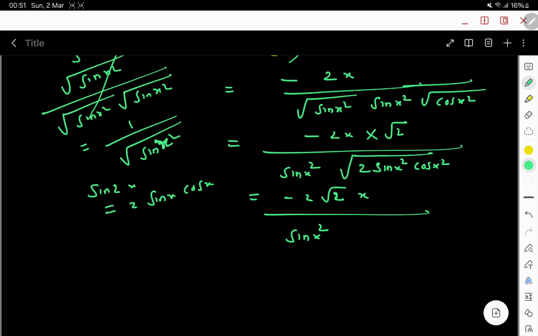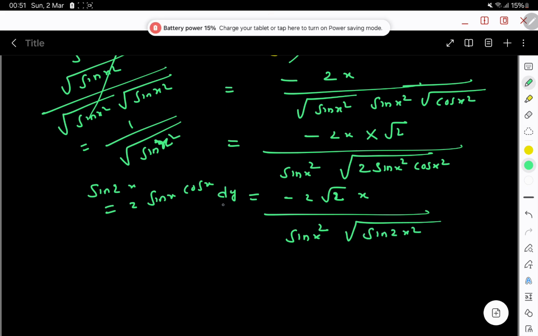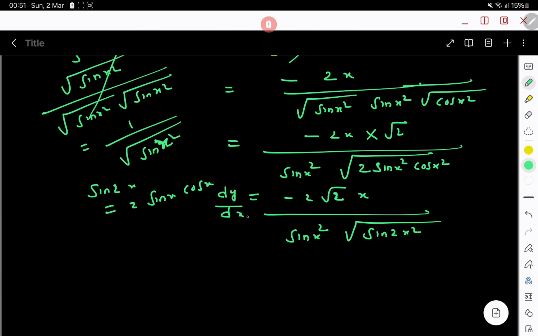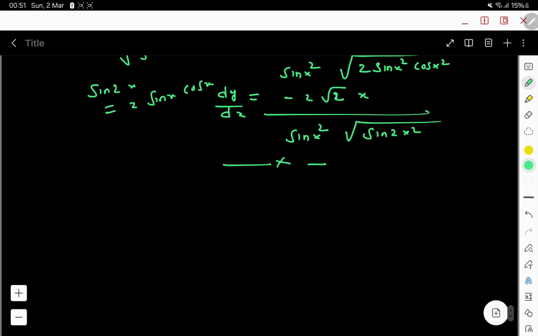That uses the 2 sin x cos x formula, so it becomes sin 2x square. So this is the value of dy by dx. Okay, next problem.